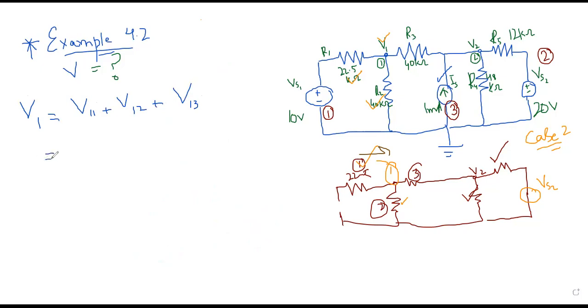So V1 must be equal to, what is the value of V1, V1 we calculated is 4.96, plus V12 is 3.6, and V13 we calculated is 2.6.